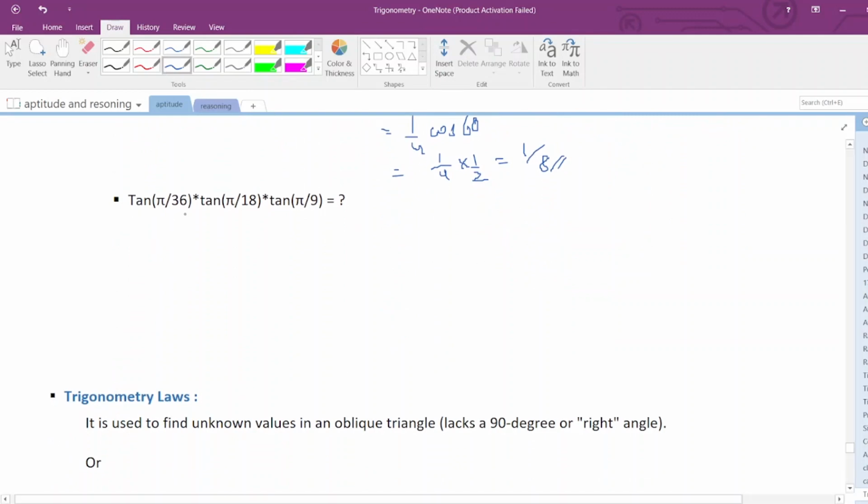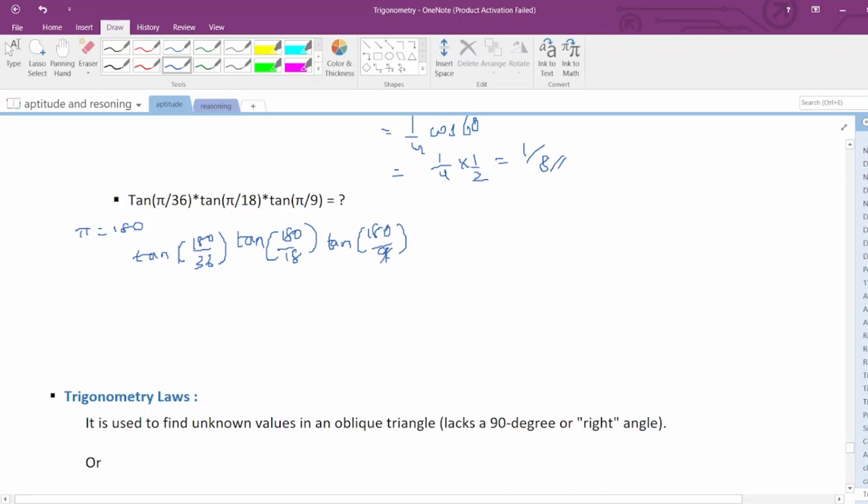Now this is also one of the types. Here tan 5 pi by 36, 5 pi by 18 and 5 pi by 9. We don't know the value of the degrees, the theta value. First of all, pi is equal to 180, we know, so just substitute: tan 180 by 36, tan 180 by 18 and tan 180 by 9.